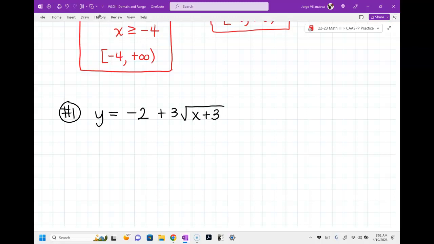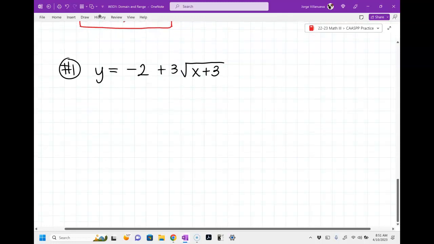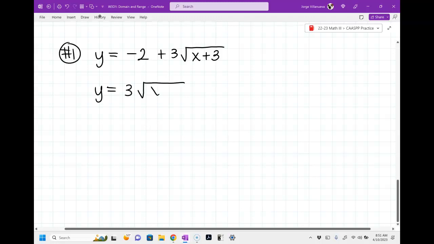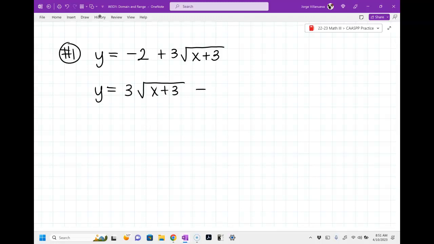So I'm going to advise you to rewrite it. This is what it looks like. I think it's the only one that's written this way. I'm going to rewrite it for you guys so that it looks kind of normal. There you go. I would say use this one. So do me a favor, find the domain and range.